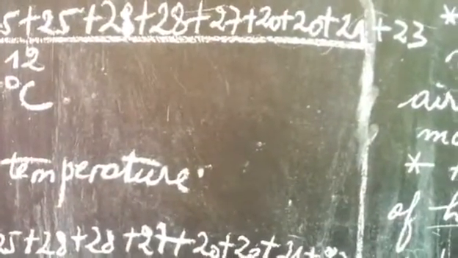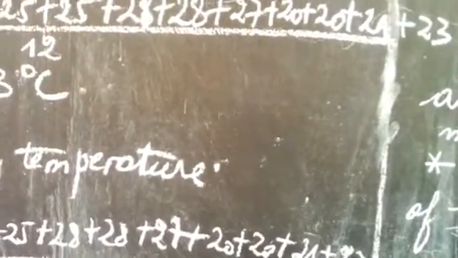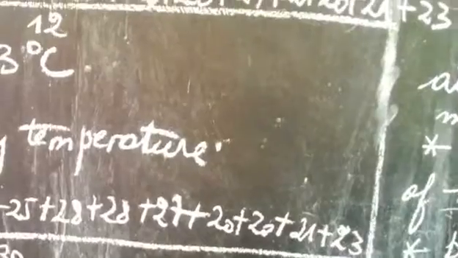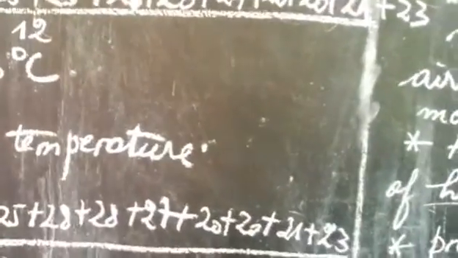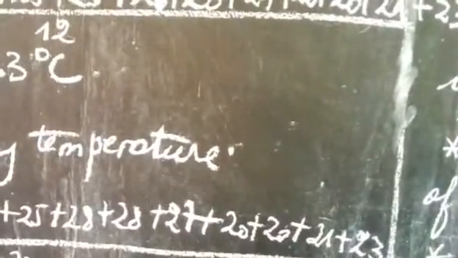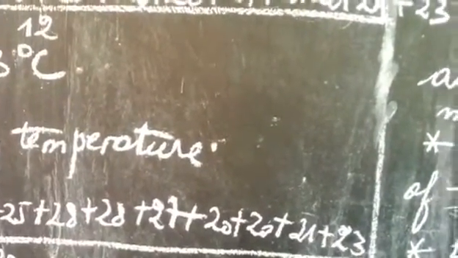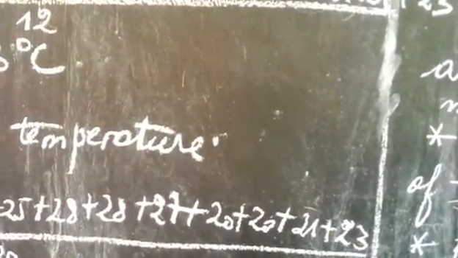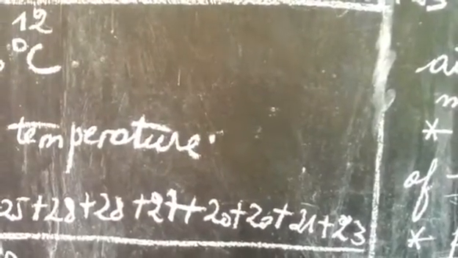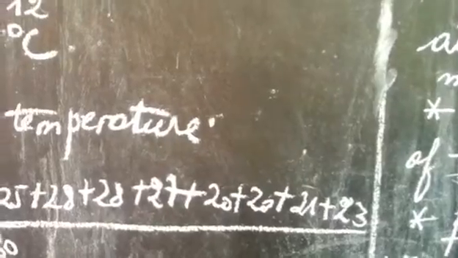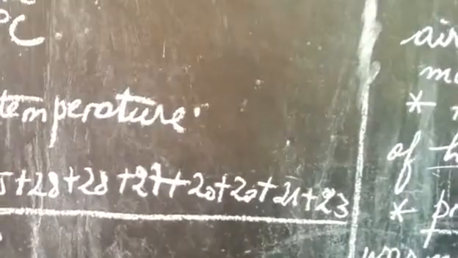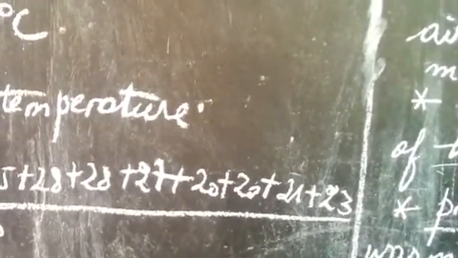We divide by the number of months that make up a year, which is 12, and what we get is what we call the mean annual temperature. So we take the total of the temperatures in the year, which is 276, and divide by the number of months in the year, and you get 23 degrees Celsius.